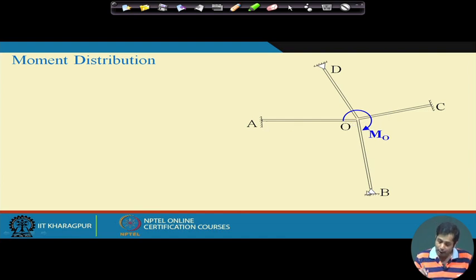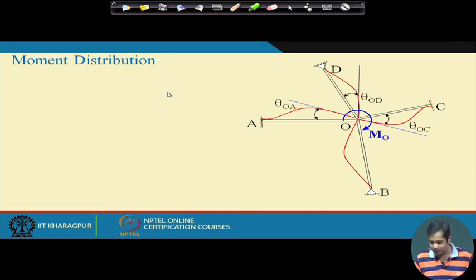If you sum the moments in all these members, the total has to be M0, which is the equilibrium condition at O. We will see on what basis the concentrated moment applied at O gets distributed among the different members connected at O. This is the deflected shape of the frame because of this load.